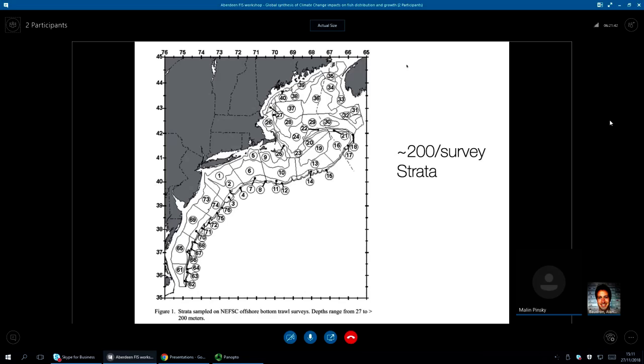So every time they go out and survey, they hit one or more points within each of these strata. And the number of points within each stratum is designed based on the variance that they've calculated from historical data, as well as stratum area.